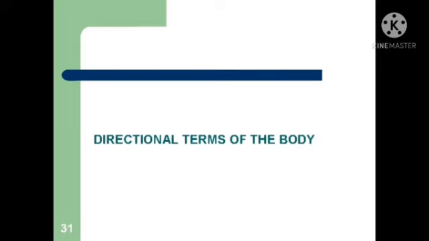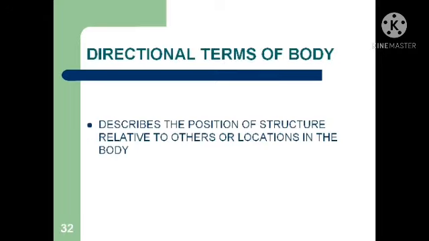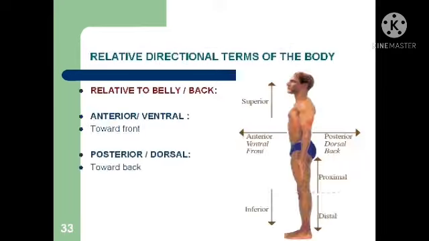Now the directional terms describe the position of a structure relative to others, or its location in the body. Relative to the belly or the back: the anterior or ventral is toward the front, called the anterior or frontal. The posterior or dorsal is toward the back.